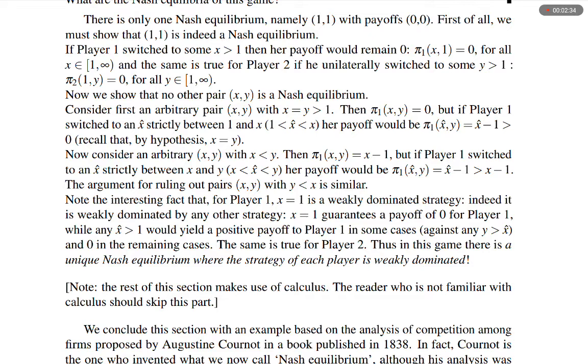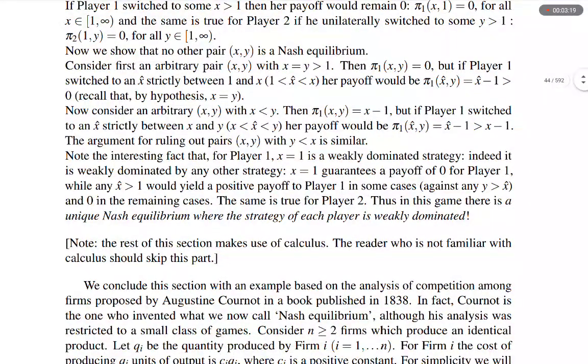If player 1 switched to some x greater than 1, then her payoff would remain 0: π1(x, 1) = 0 for all x in (1, ∞), and the same is true for player 2 if he unilaterally switched to some y greater than 1: π2(1, y) = 0 for all y in (1, ∞).